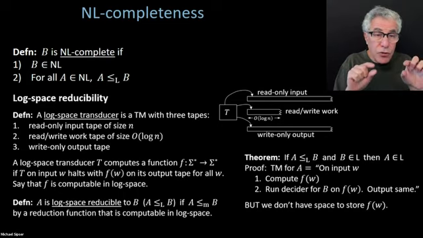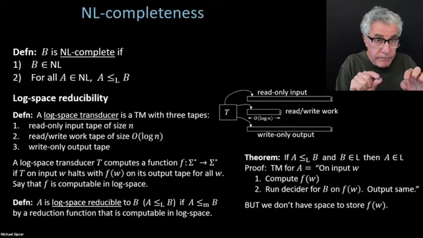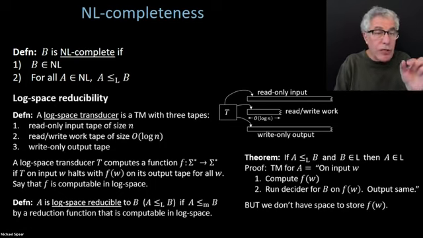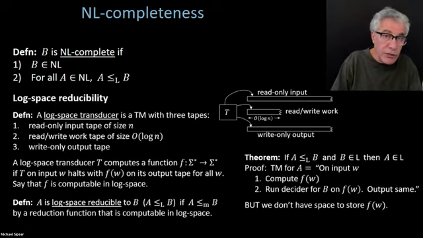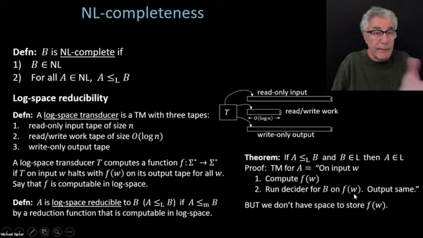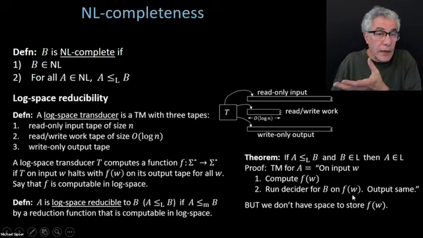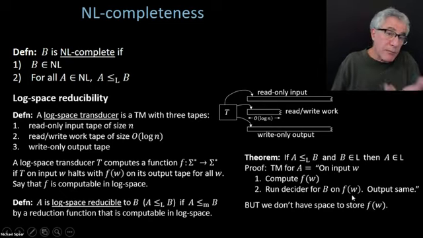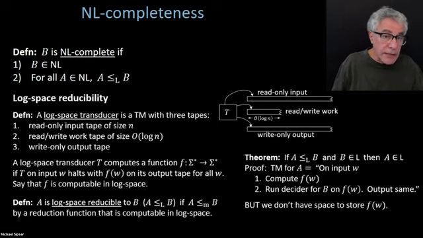If you think about how the Turing machine operates on its input, it only looks at one symbol at a time. It starts out reading the leftmost symbol of f of w. Then maybe it moves its head right and moves to the second symbol of f of w, then the third symbol of f of w. Maybe it gets up to the 10th symbol of f of w. Maybe it moves its head back and goes to the 9th symbol and the 8th symbol.